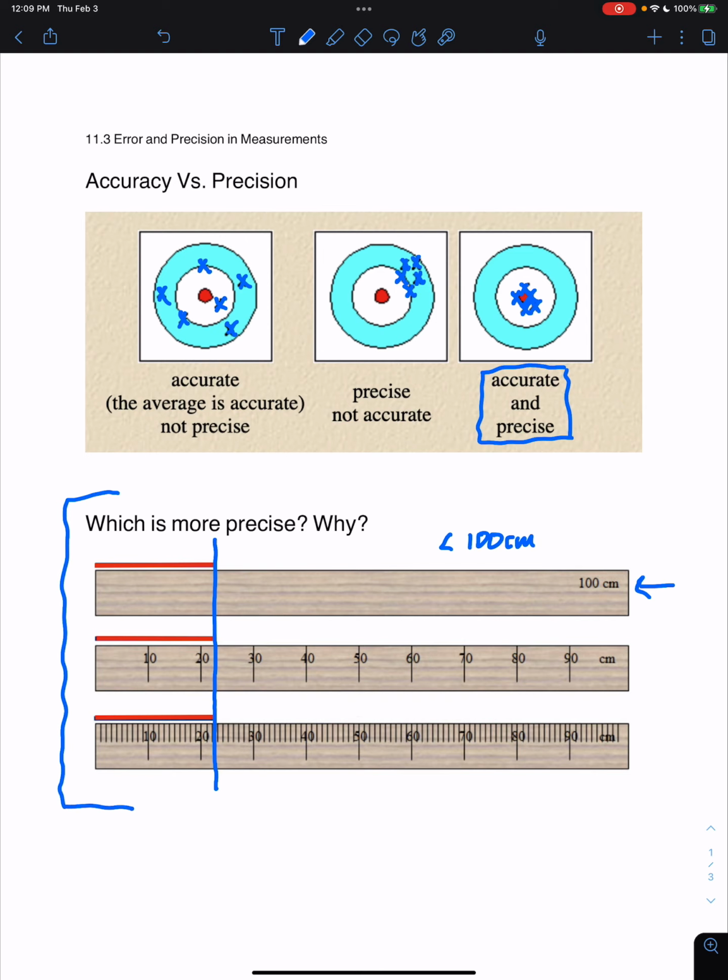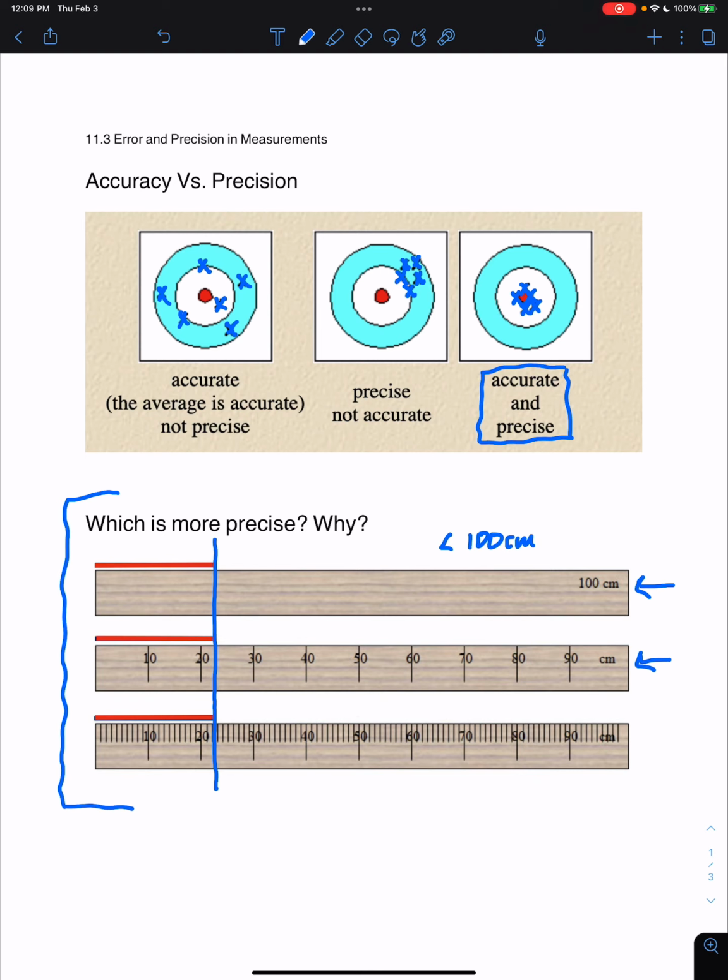Now, if we look at this middle measuring tool, this middle length ruler, we have more division markers. So we could say it's between 20 and 30 centimeters, but closer to 20.